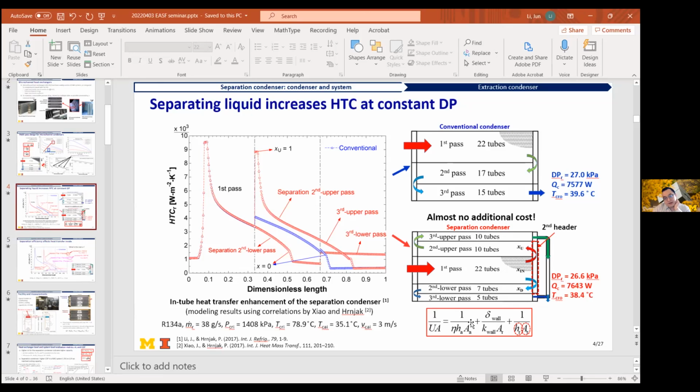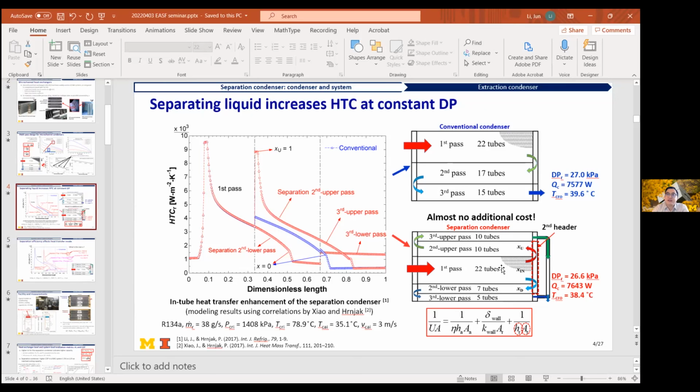I'm sure that people have done estimation of how the surface modification, for example on the air side, will affect the condenser total UA value or the condenser heat transfer rate, and eventually the system COP value. But I don't have that number in my mind.